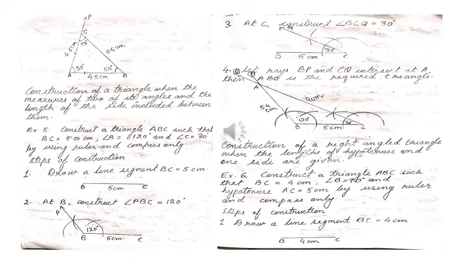The first step is to draw a line segment BC equal to 5 centimeter with the help of a ruler. Step 2, at B construct angle PBC of 120 degree, as I have discussed how to draw 120 degree. Now at point C construct angle BCQ of 30 degree.